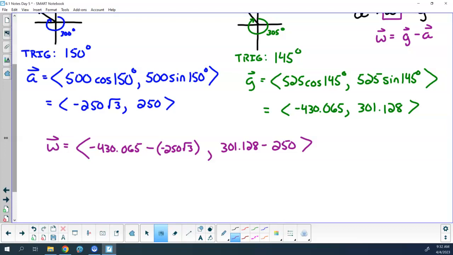Now, when I did this problem about half an hour ago, I stored those values into my calculator because I have a TI, and it has a storage component. Not everyone has that.